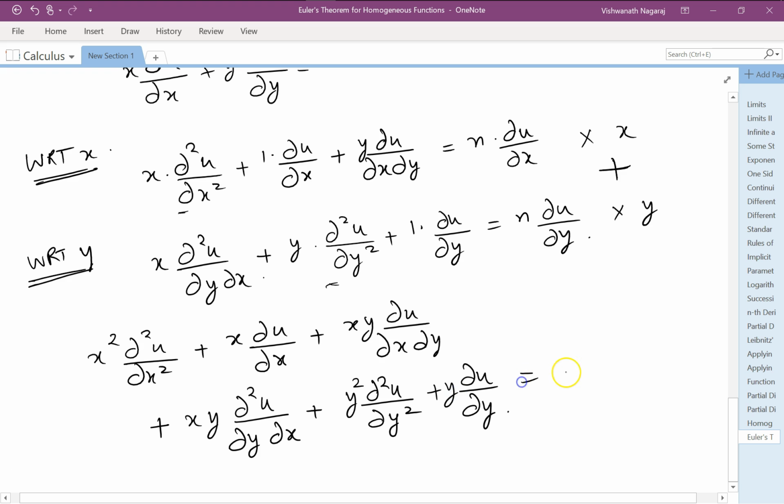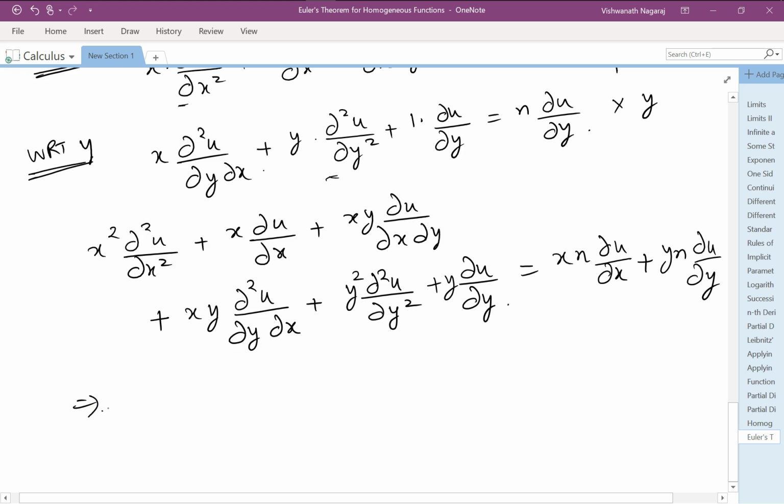Now this is equal to n x ∂u/∂x plus n y ∂u/∂y.